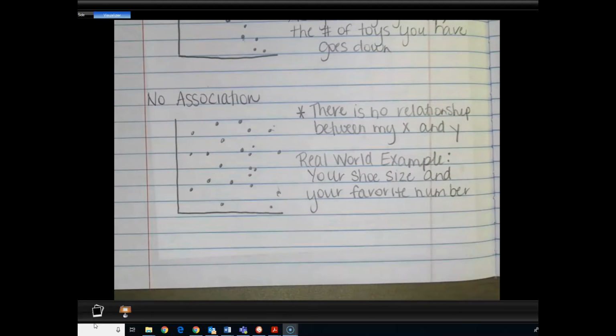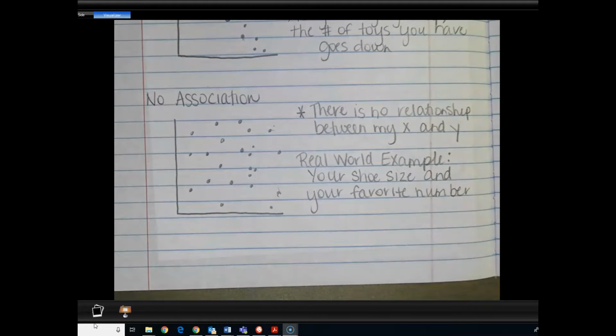And even we realize that our shoe size has nothing to do with what our favorite number is. There's no relationship there at all. And so this is when we are graphing something that has nothing to do with anything at all.